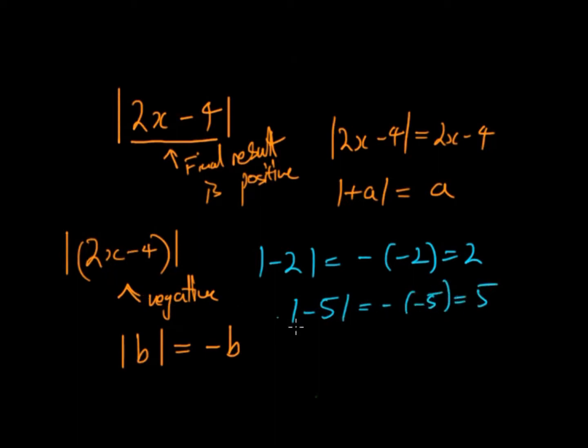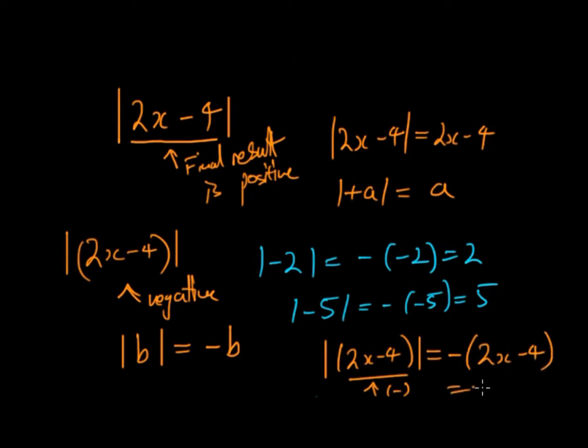So we can say that, going back to this example, that modulus of 2x minus 4, when this is negative, so the final result is negative, is equal to negative of 2x minus 4, which is equal to negative 2x plus 4. So we can see that there are two different equations that it's governed by.